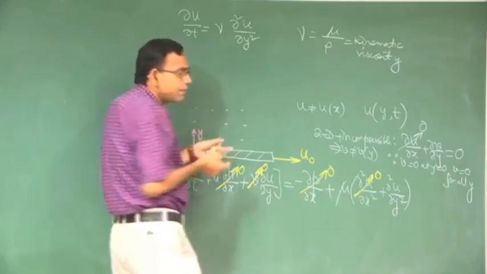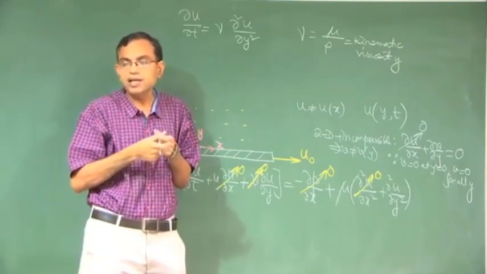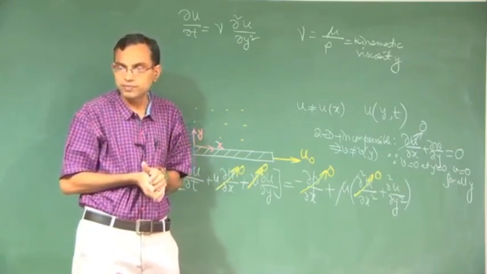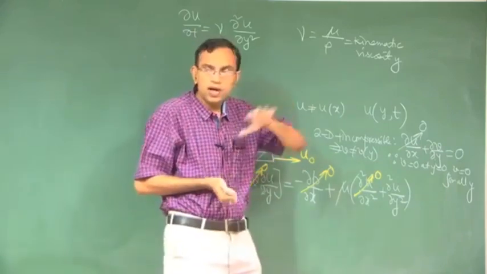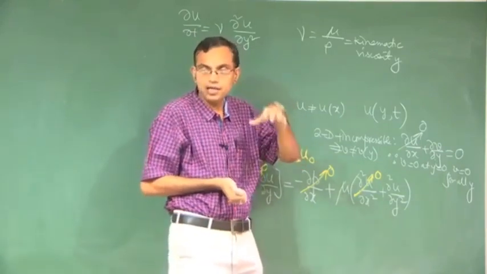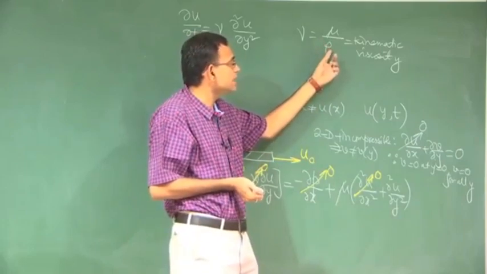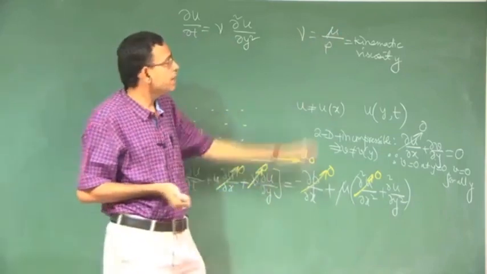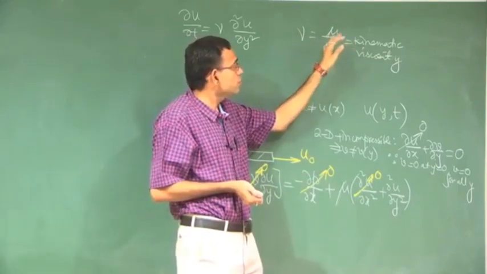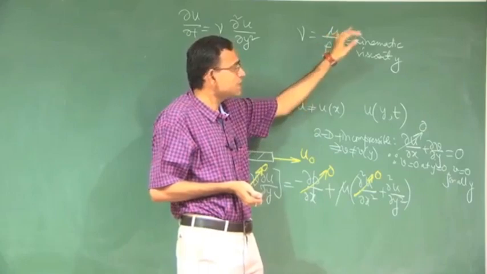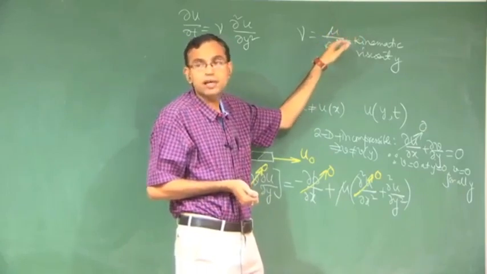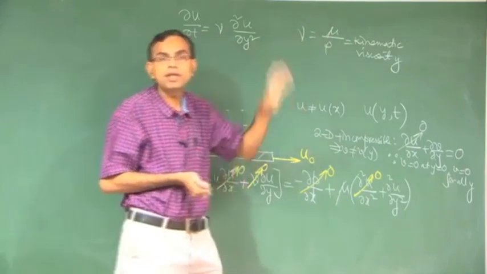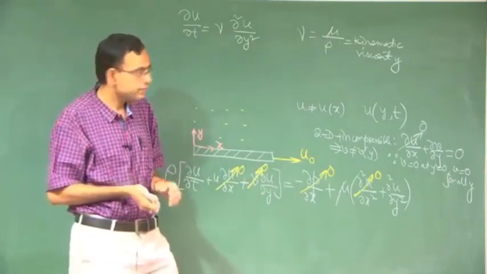But the outer fluid, because of its inertia, tries to retain its earlier momentum, that is the condition of rest in this example. Because mass is a measure of inertia and density is related to mass, this essentially represents the ability of the fluid to create a disturbance in momentum relative to its ability to sustain its momentum, and that is the physical meaning of the kinematic viscosity.